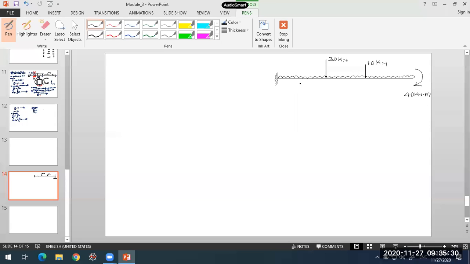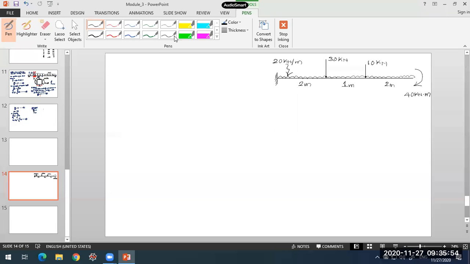The distance here is 2 meters. This is 1 meter, and this is again 2 meters. The load intensity of this UDL is 20 kilonewton per meter.